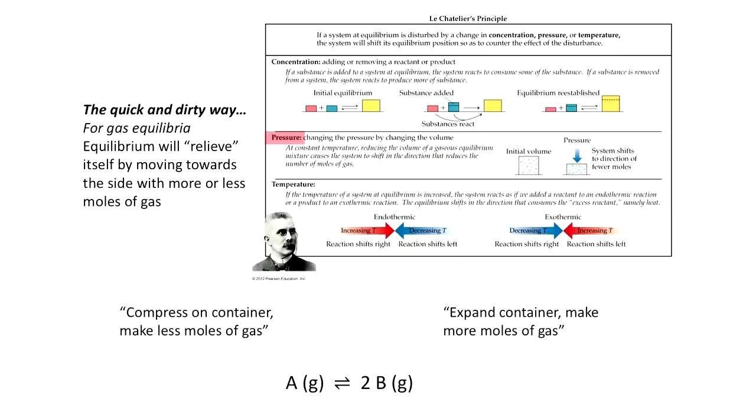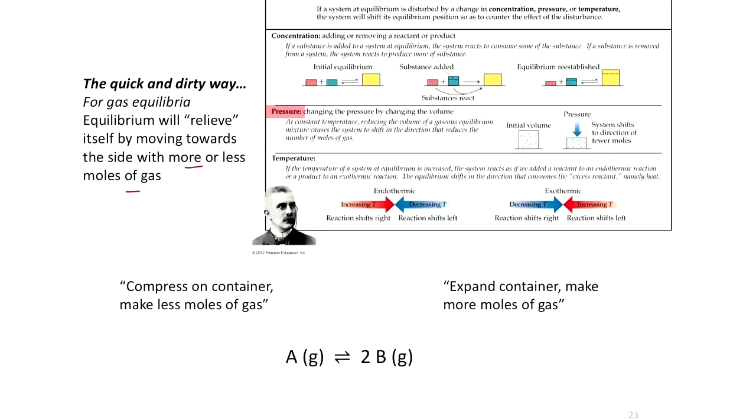The equilibrium relieves itself by moving towards the side with more or less moles of gas, depending on what you do to the reaction. So here's a generic reaction. In this reaction, you start with 1 mole of gas on the reactant side, 2 moles of gas on the product side, okay?